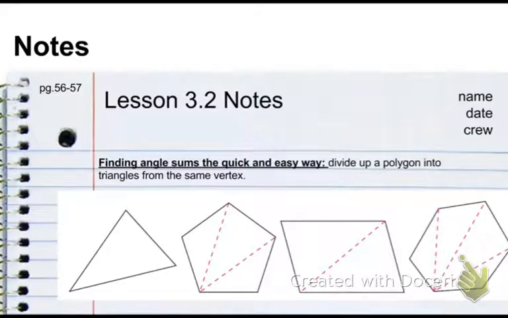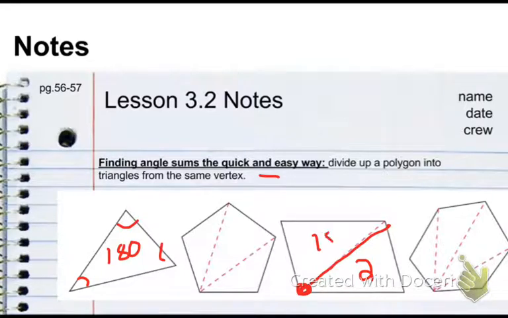The pattern is this. If a triangle has 180 degrees in it, then finding the angle sums is very quick and easy. All we do is find one vertex in a shape and divide it up. And now, instead of a quadrilateral here, we have 2 triangles.